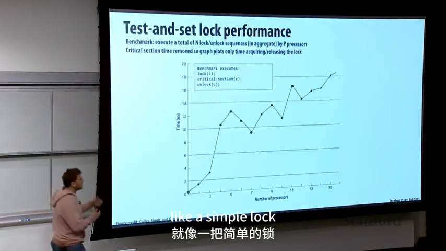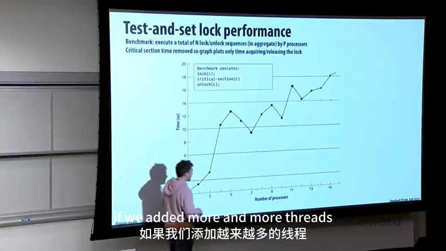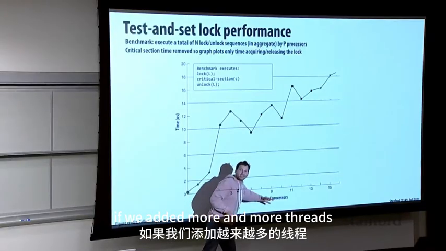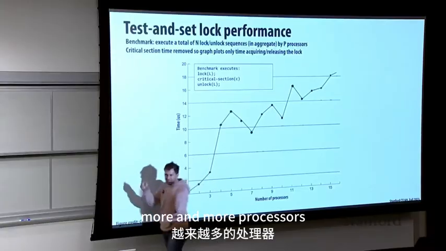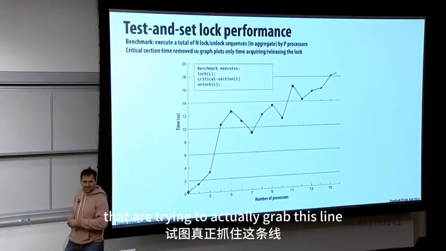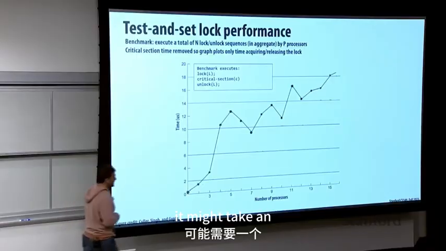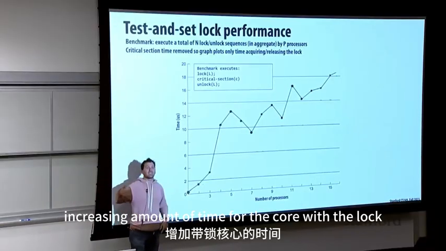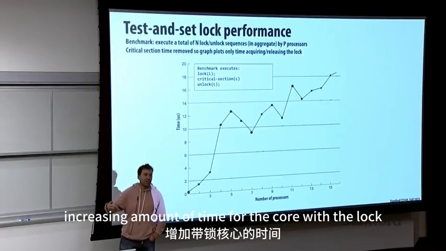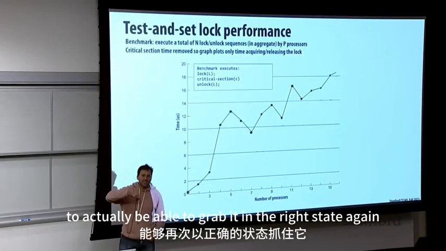And so a simple lock like this has some properties that if we added more and more threads, more and more processors that are trying to actually grab this line, it might take an increasing amount of time for the core with the lock to actually be able to grab it in the right state again.